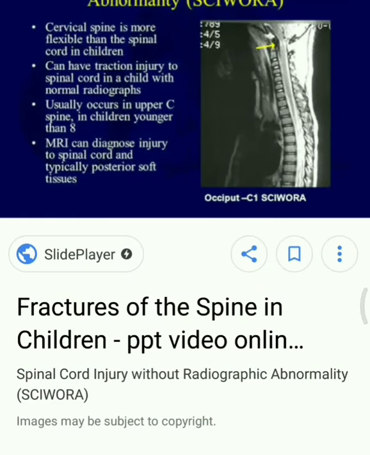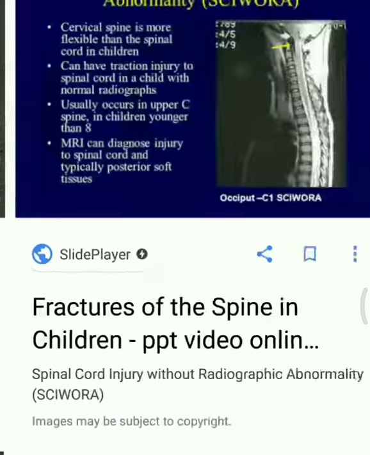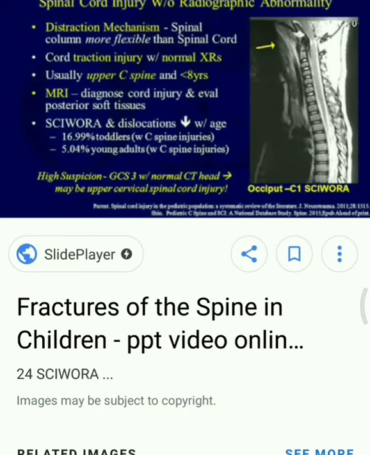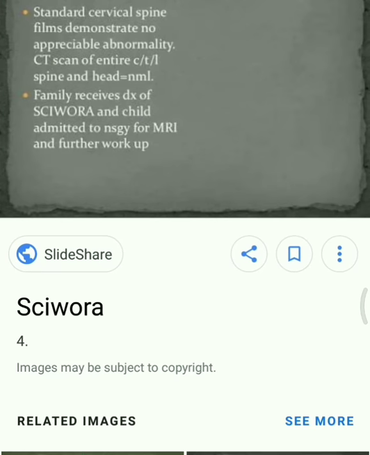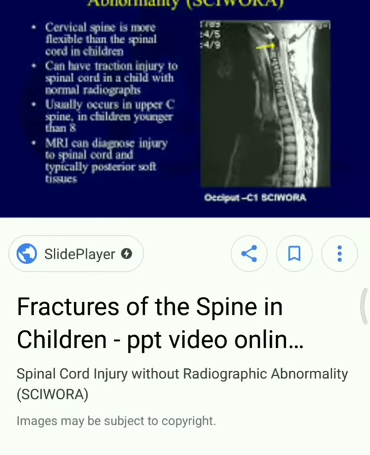Here first flexion occurs, then extension, and as a result the spinal cord does not recoil in rapid movement from flexion to extension, and this causes injury.